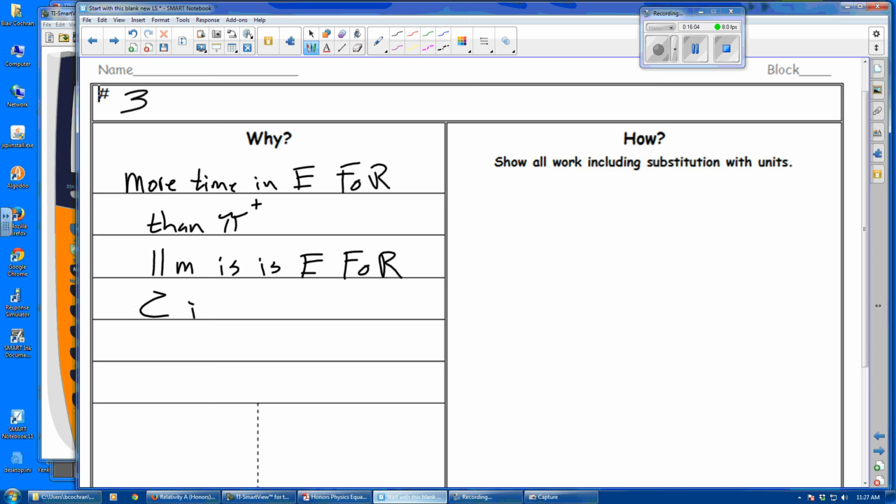C is constant in all. Yeah, I think that's it.